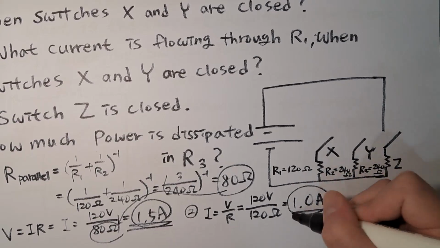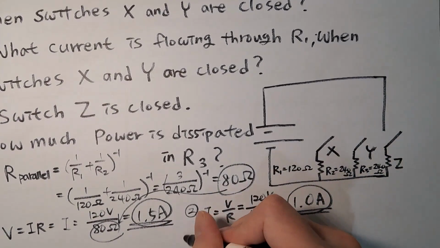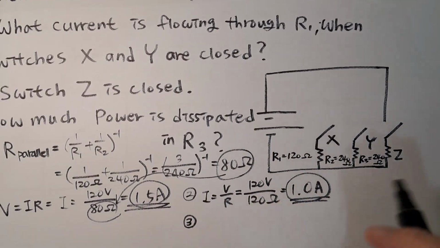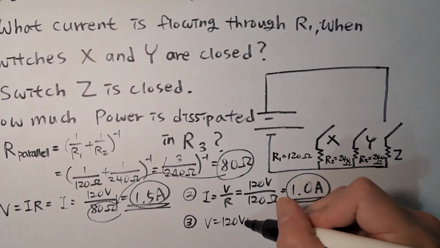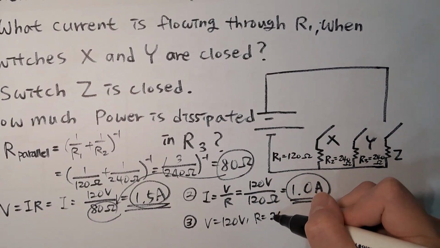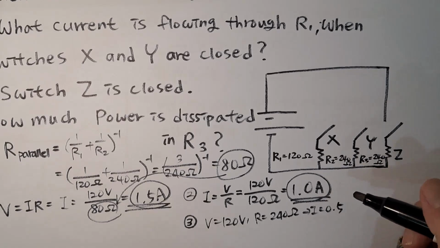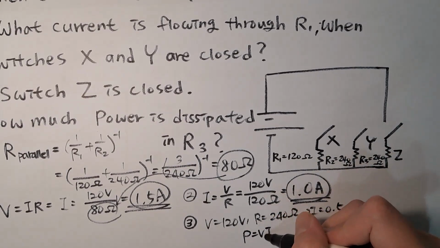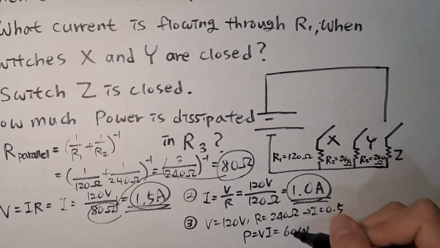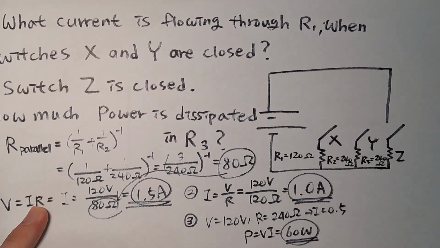And the current is going to be 1.0 ampere. And we are going to find the power. And the power is going to be 60 watts.